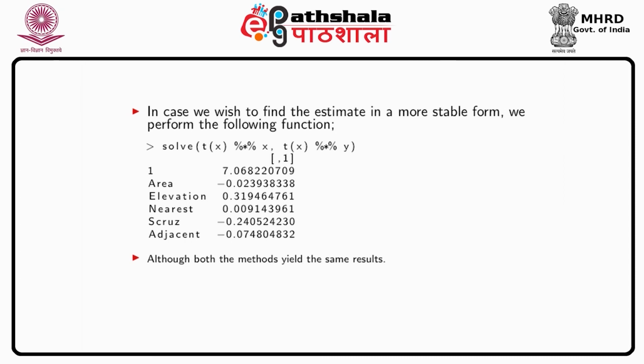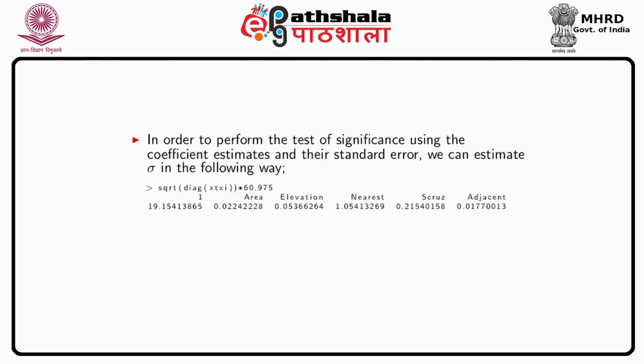Now, after we have got the estimates of the coefficients, in order to perform the test of significance, which was automatically done in case of linear model fitting using lm, we can perform the same thing by hand, or rather by using a separate function in R. In order to perform the test of significance using the coefficient estimates and the standard error, we need to first estimate the standard error, which can be done in the following way.